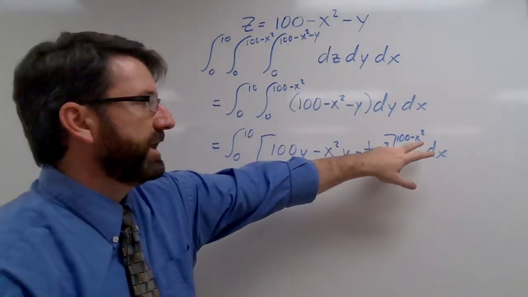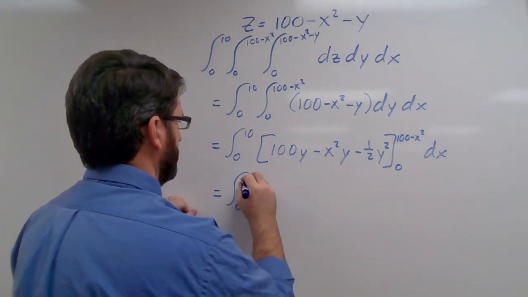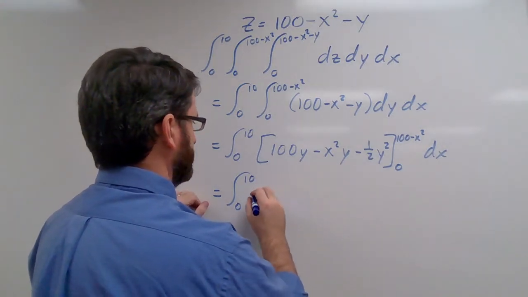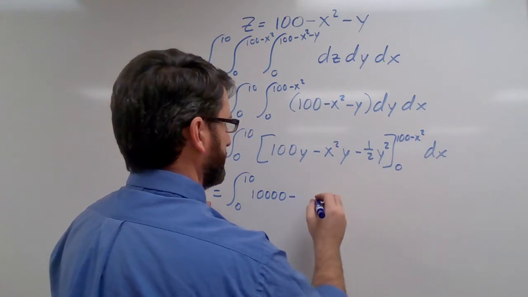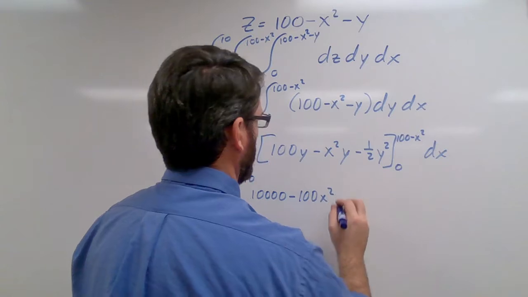All right. Plugging in 100 minus x squared for y, we get, let's see, this is going to be 10,000 minus 100 x squared.